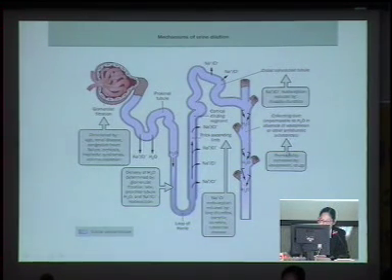And vasopressin acts here at the collecting duct to allow the water to be reabsorbed.